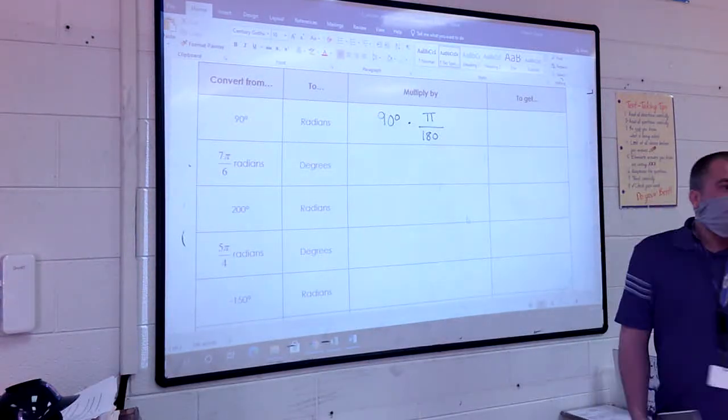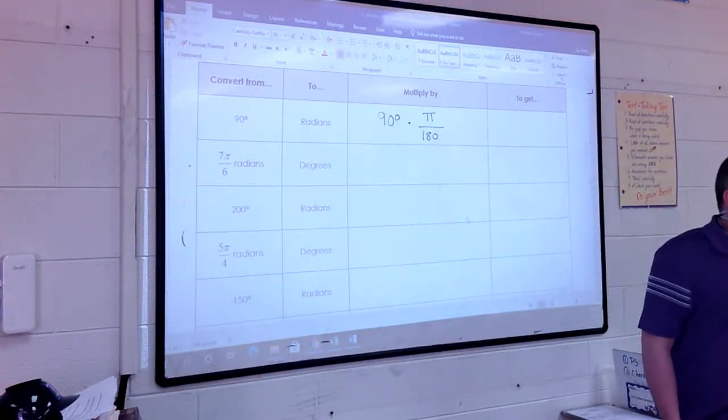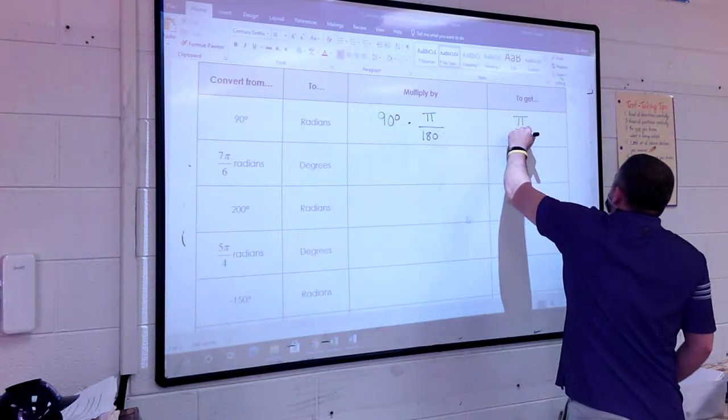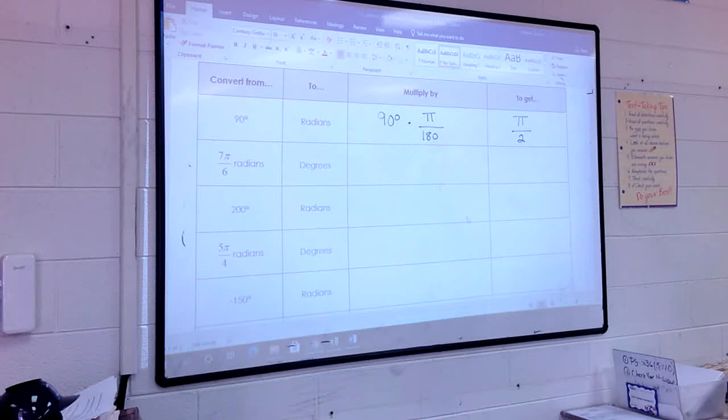And then we have pi on top. So that would be 1/2 of pi, or just pi over 2. Okay? So you should never put the pi into the calculator. You don't want to put pi into the calculator to convert these. We're just putting the pi on top here when we're changing it from degrees to radians.